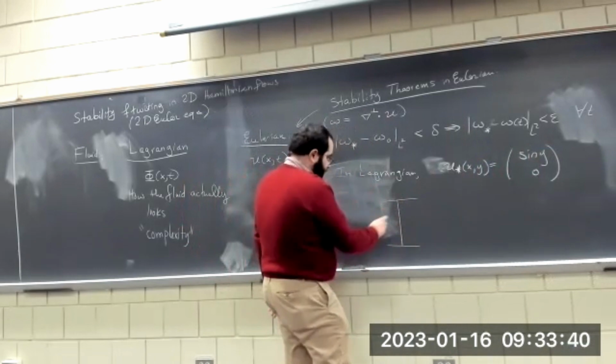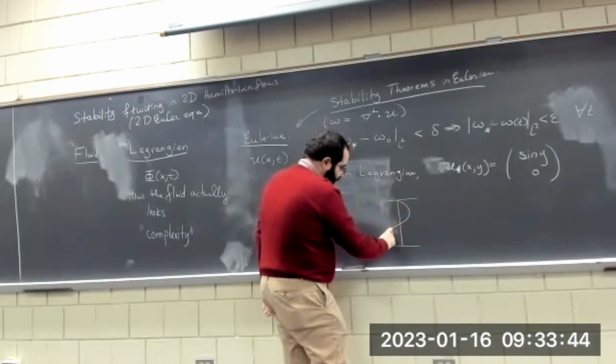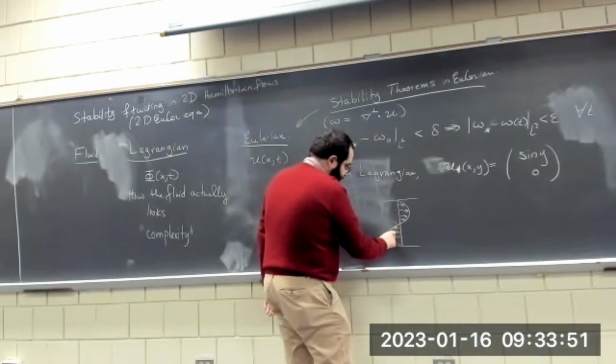The velocity field has arrows pointing this way and this way.